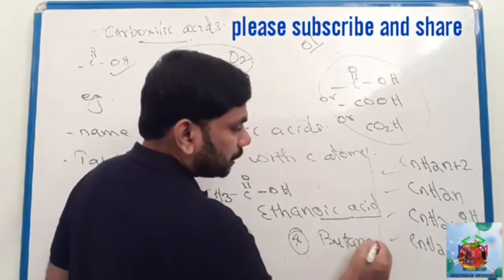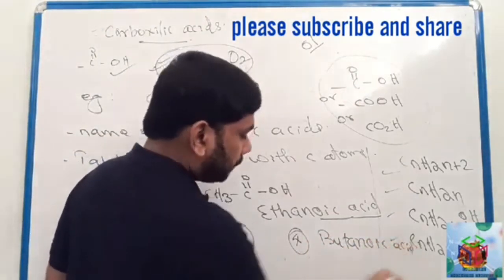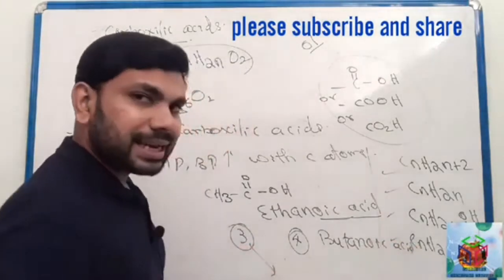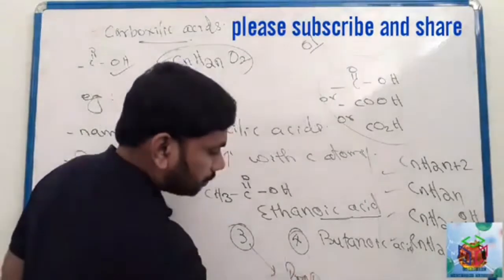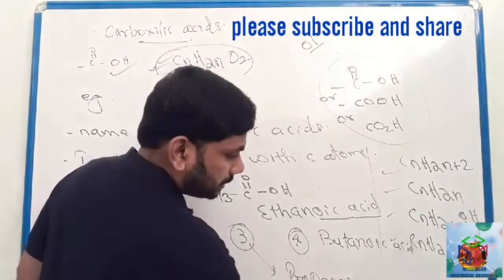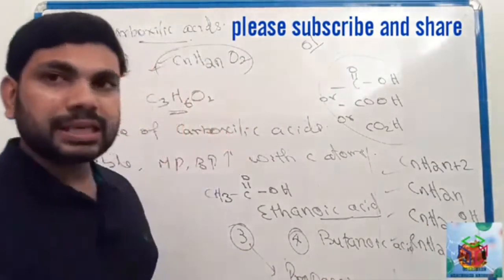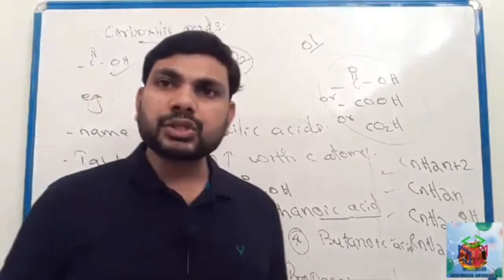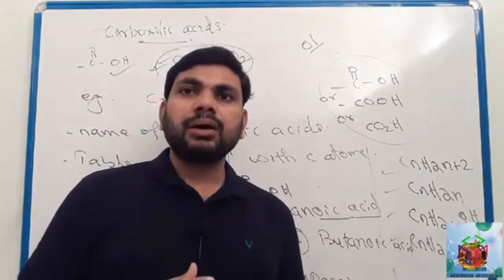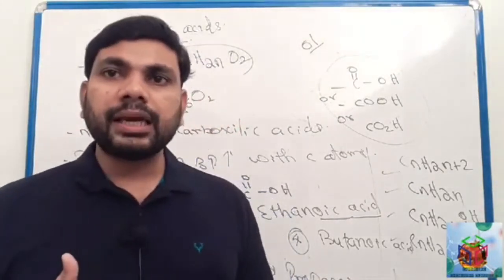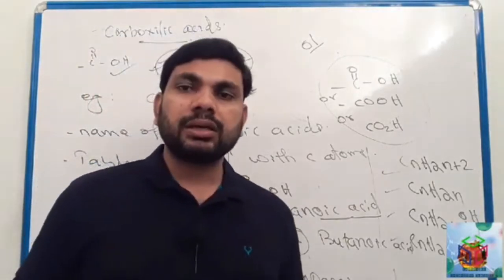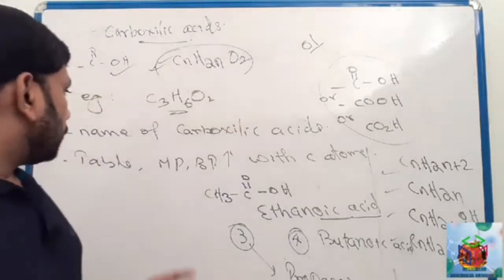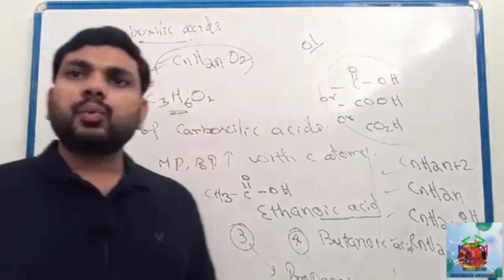So you can name carboxylic acid accordingly, depending on the number of carbon atoms. Methanoic acid, ethanoic acid, propanoic acid, butanoic acid, etc. Clear?